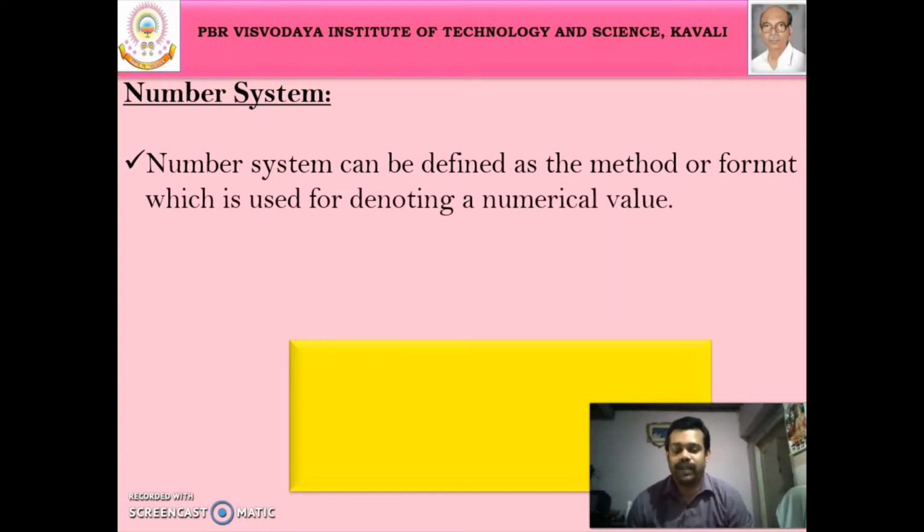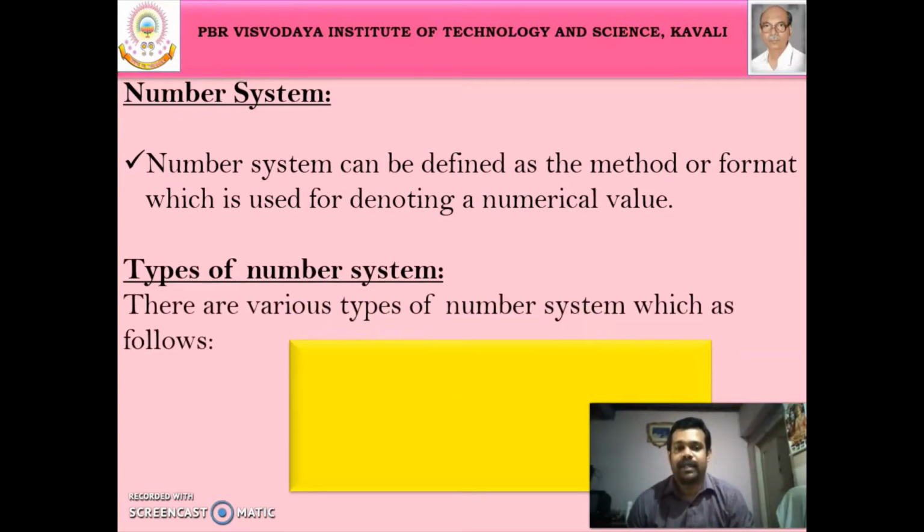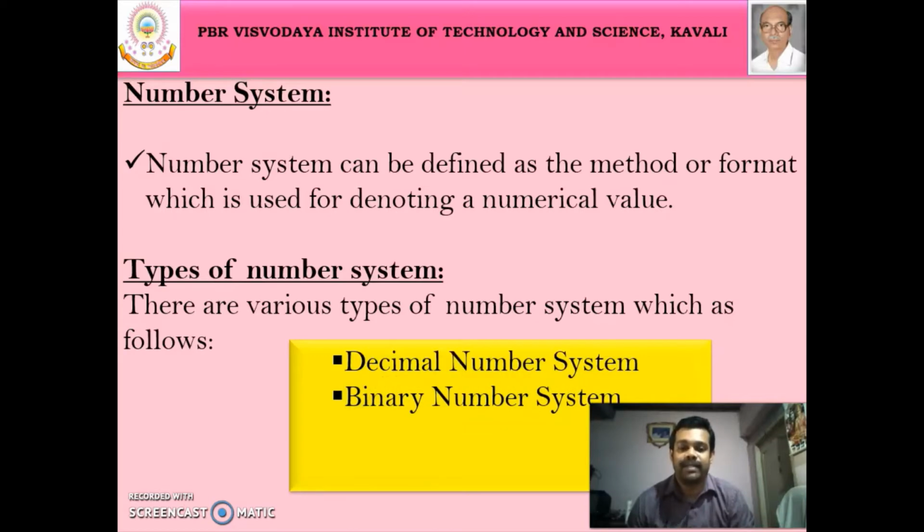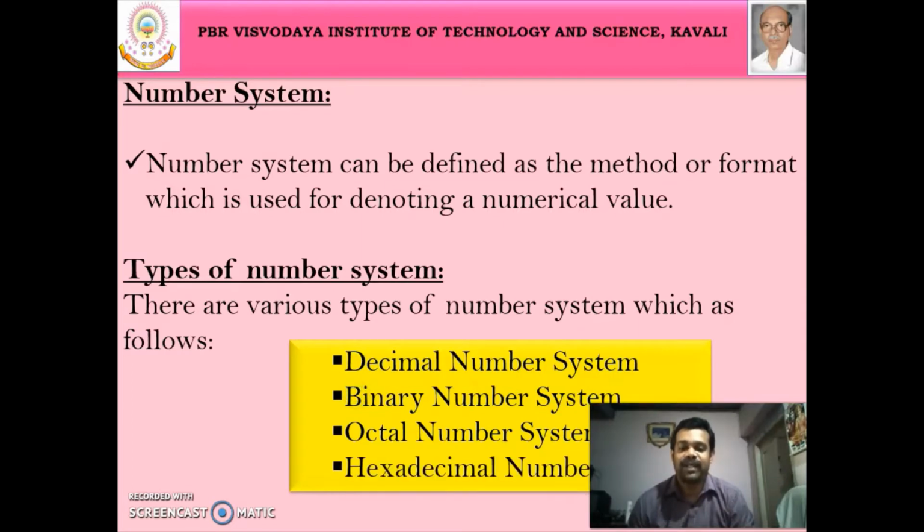In order to denote a numerical value, we are using some format, and that format is called number system. Types of number system. There are many types of number system. First one is the decimal number system, second one binary number system, third one octal number system, and the fourth one is hexadecimal number system.